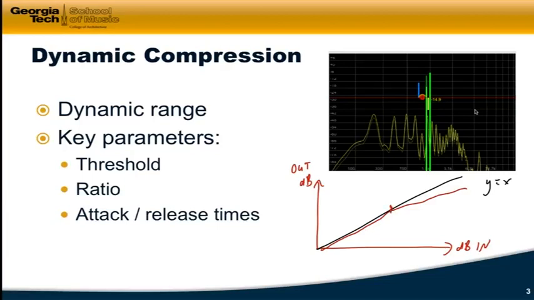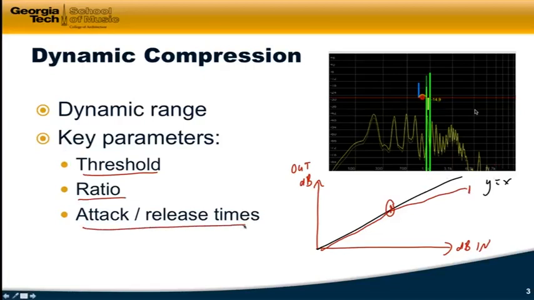And so as we think about the different parameters for dynamic compression, the first one here, this threshold, is this point right here. Above what loudness do we start compressing the dynamic range? The second one is the ratio. So what is the difference between this y equals x slope and this reduced slope of this new line that we're drawing?